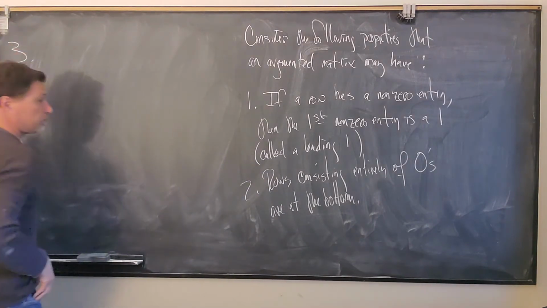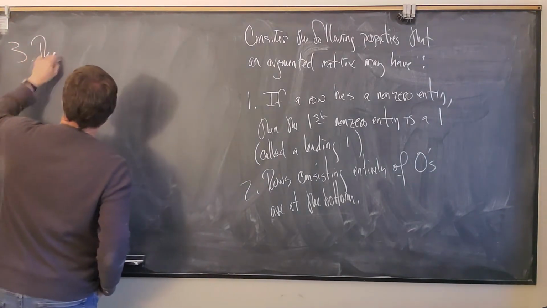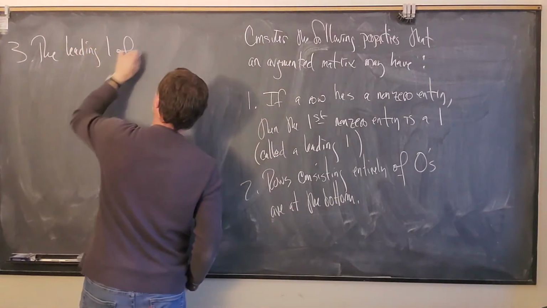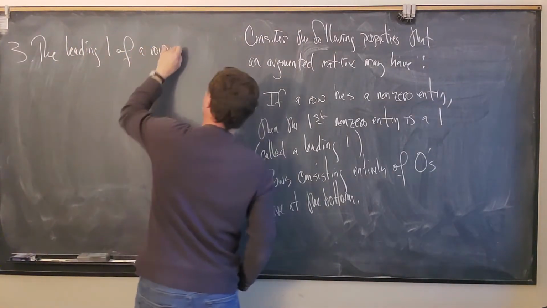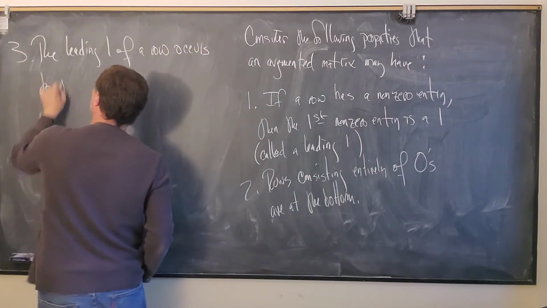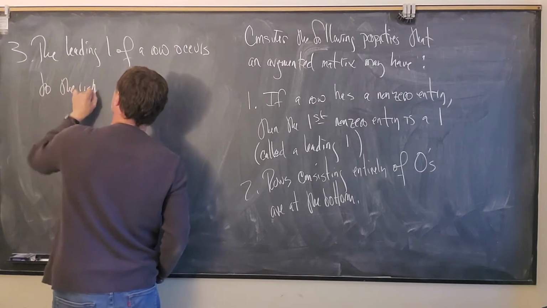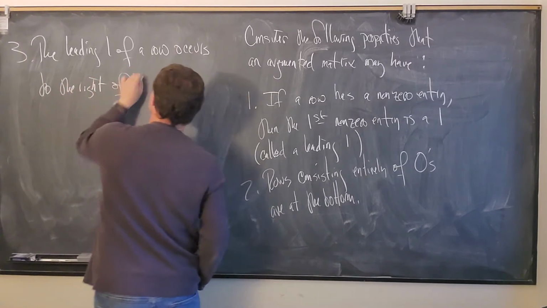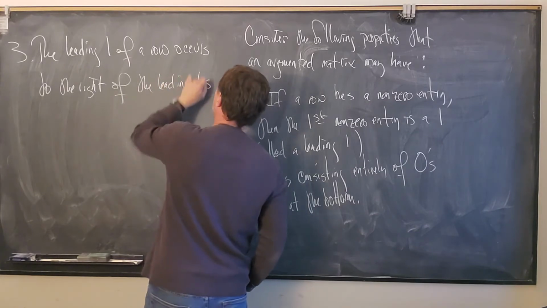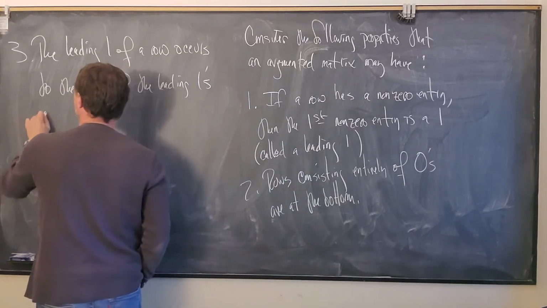Property 3. The leading 1 of a row occurs to the right of the leading 1s above.